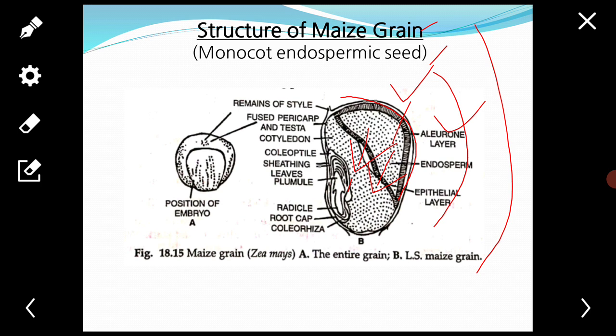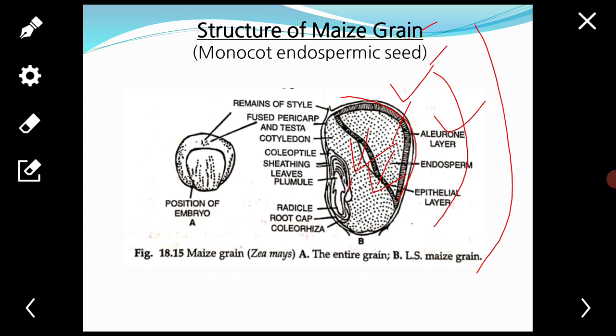These newly synthesized enzymes are responsible for the breakdown of reserve food materials into soluble forms. The soluble nutrients are then absorbed by the epithelial layer of the scutellum and transferred to the growing embryo.